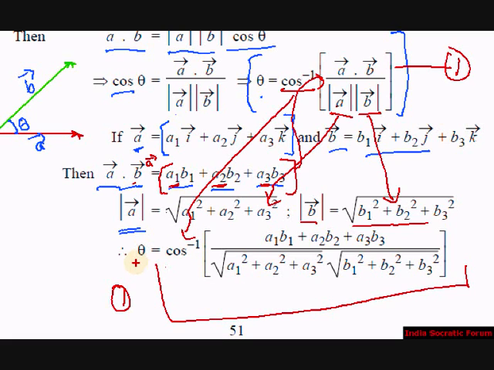This is the way we find the angle between any two vectors, where the vectors are given as i, j, k components, here it is going to be B1 i, B2 j, something like that. So you remember this point.